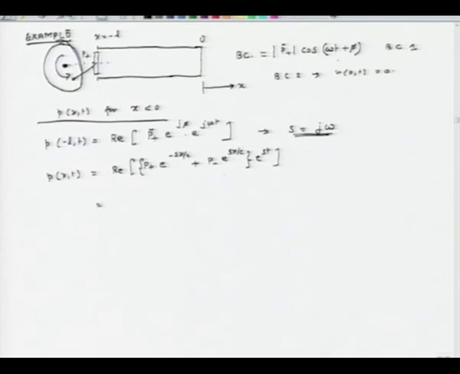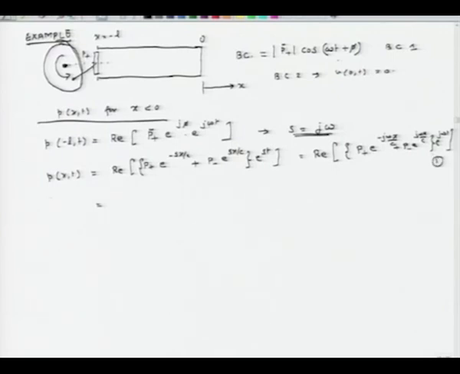So, I get real of [P plus e^(minus j omega x over c) plus P minus e^(j omega x over c)] e^(j omega t), the whole thing in rectangular brackets. Okay. So, let us call this equation 1.